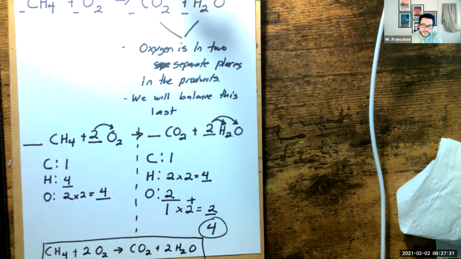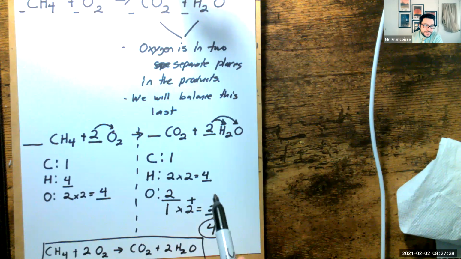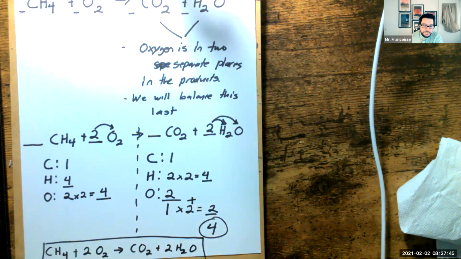So that's kind of our trick, is dealing with elements that are in two separate places. I want you to treat them separately and then add them together at the end when you're checking this off to make sure that they're both balanced and equal.